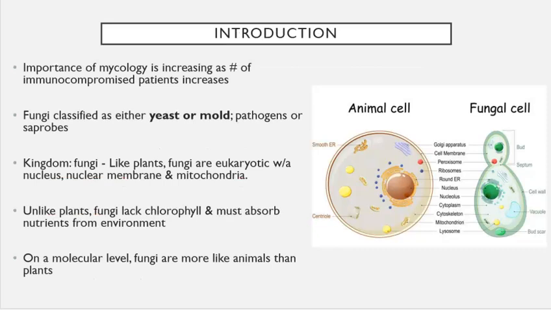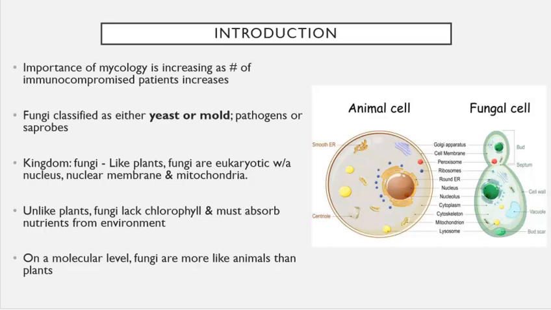The importance of mycology and studying mycology is increasing as the number of immunocompromised patients increase in our population. Fungi is classified as either yeast or mold, or pathogens, or saprobes. Saprobes are a group of fungi that are decomposers that feed on dead or decaying matter.